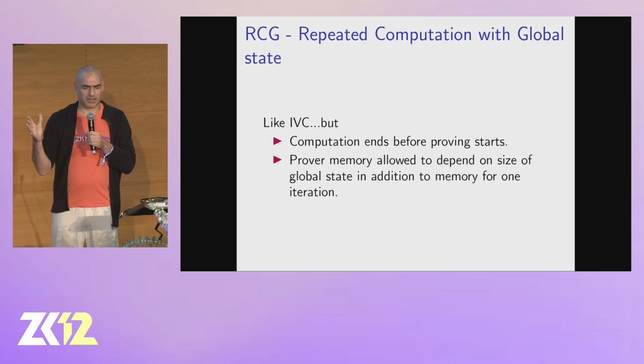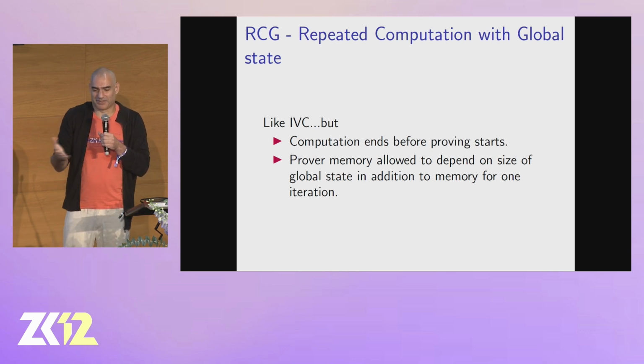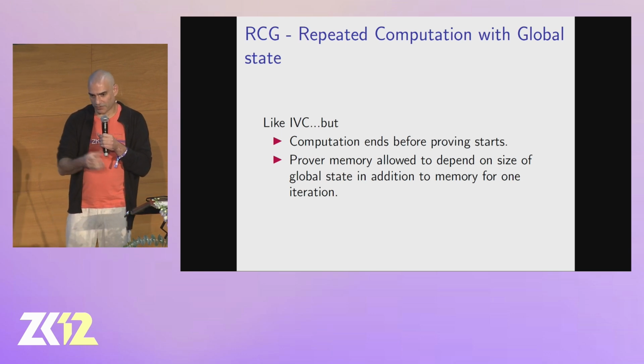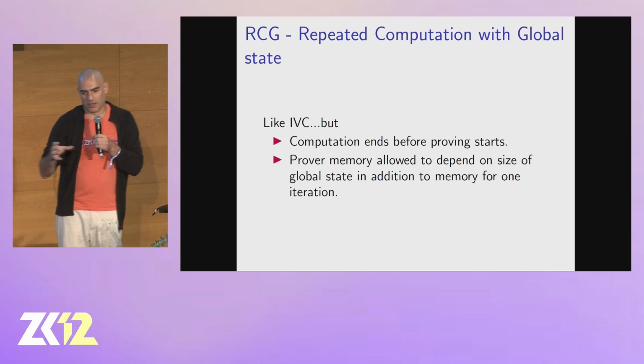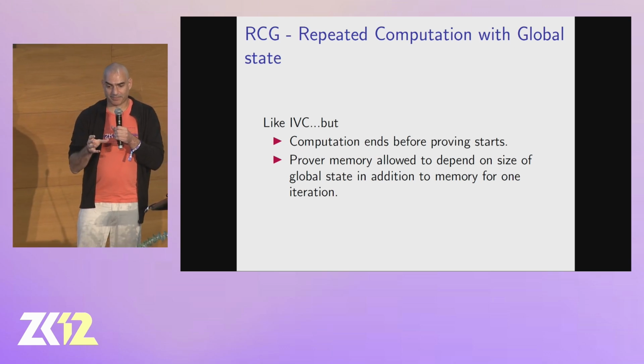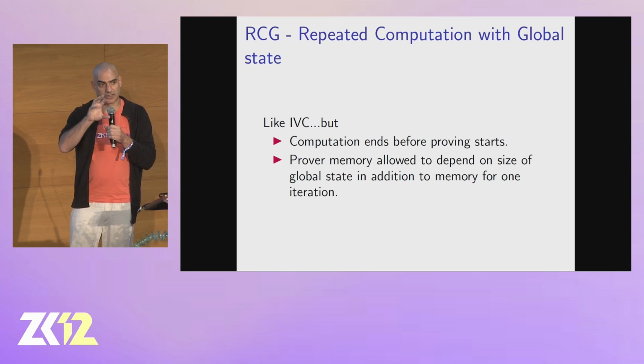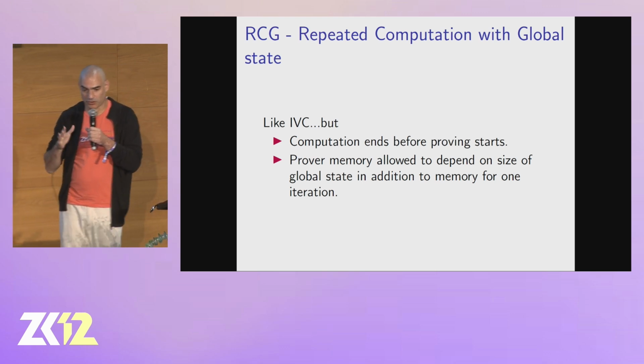So then, you could say, okay, is it like IVC at all if it's already ended? Why is it even similar? The desirable property in IVC is what people sometimes call complexity preserving: even if the computation has many steps, the prover memory depends on the memory of one step, for example, one execution of this function capital F we had below.